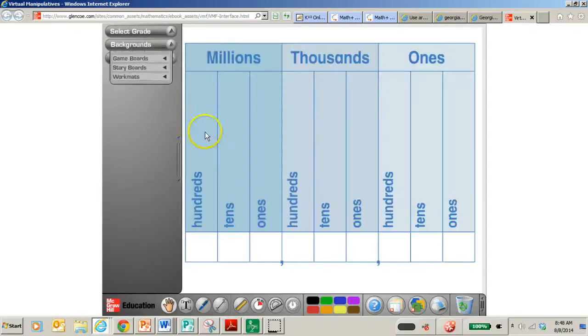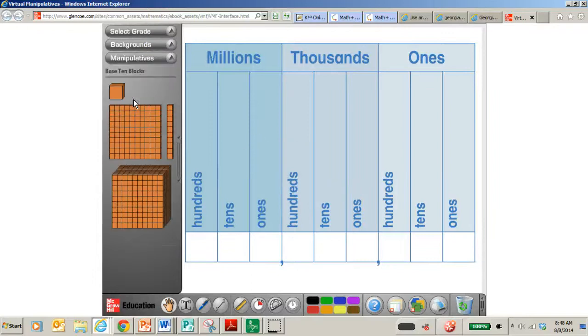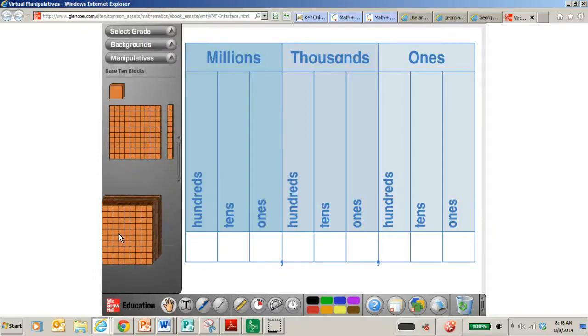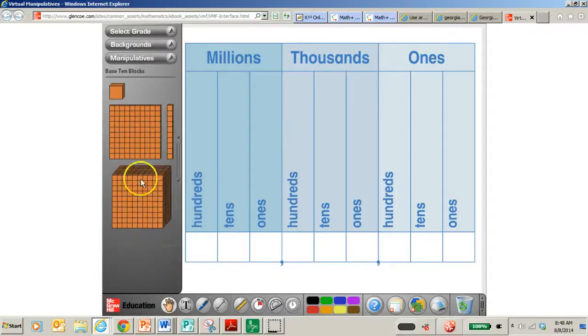So let's do a place value chart, and then maybe our child needs to work with some base 10 blocks so they can really understand what 1,000 means, and 1,000 is 10 times bigger than 100, and 100 is 10 times bigger. And so you can put these onto your screen.